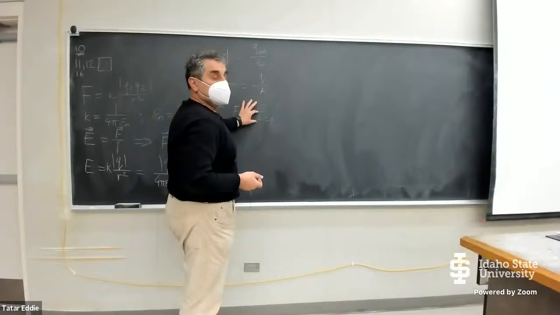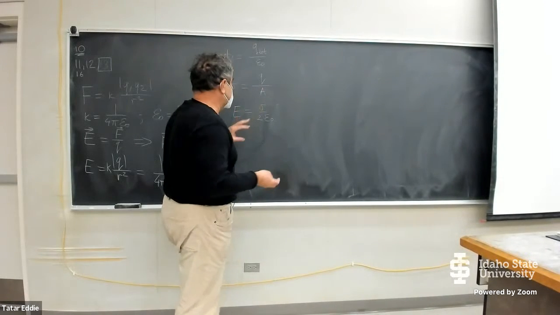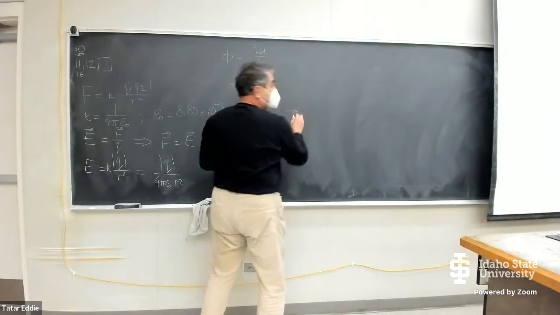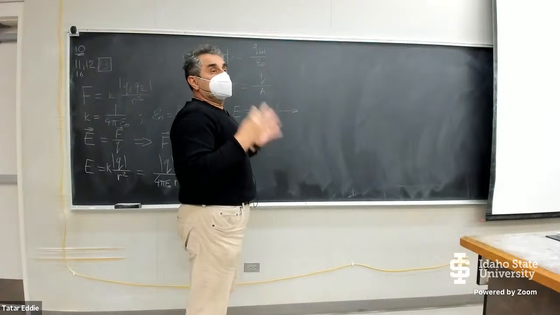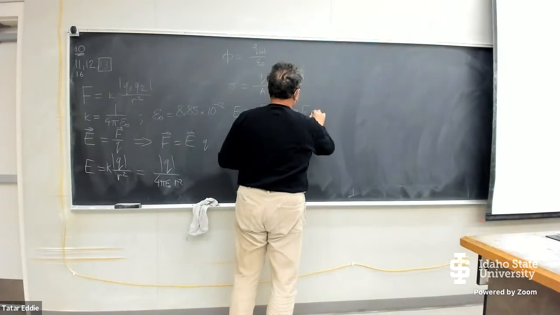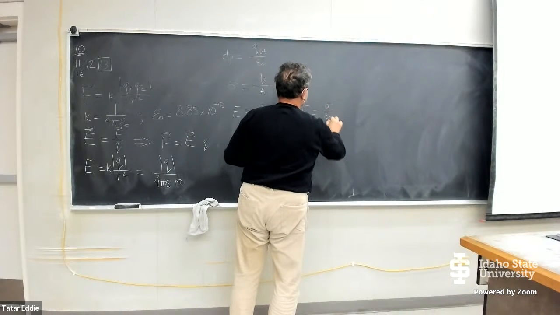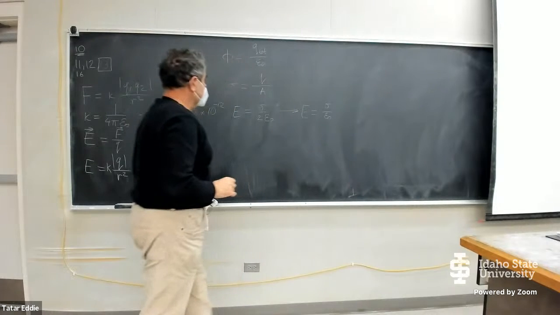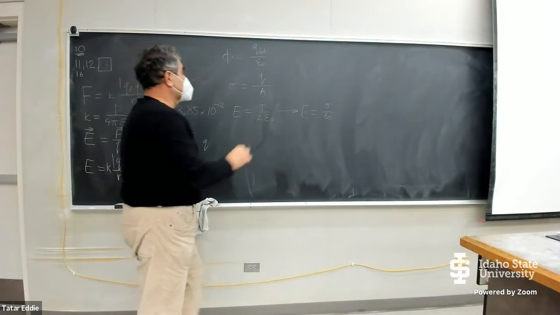One with this magnitude, the other one with the same magnitude but in the same direction. And therefore, the space between two large, uniformly charged plates is going to have a uniform electric field equal to sigma divided by epsilon naught. So this is for two plates.